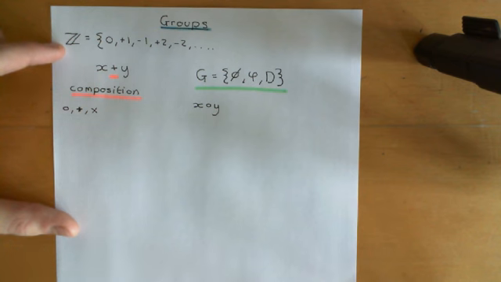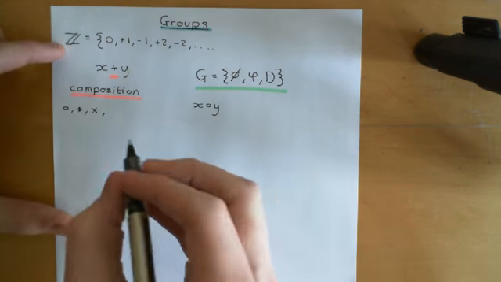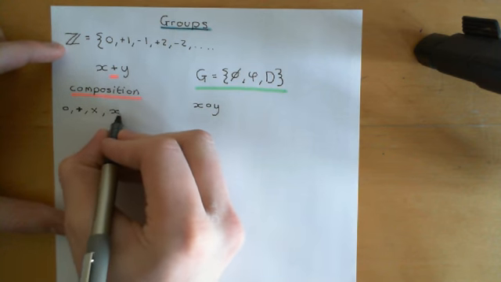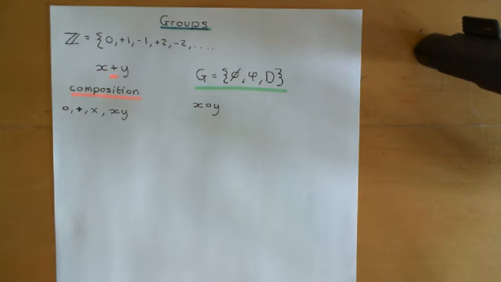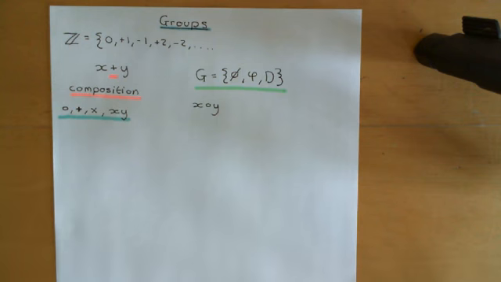Multiplication is another way of composing 2 elements together, and we'll come on to that maybe a bit later. Also, a common way of composing 2 elements is just to write the 2 elements next to each other. So xy means x composed with y. These are all different ways of denoting 2 elements being composed together.